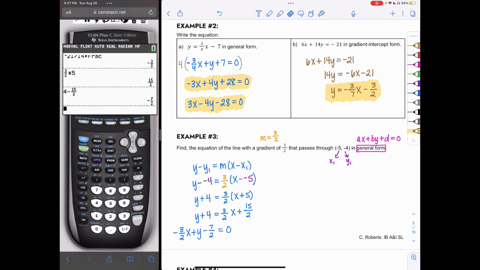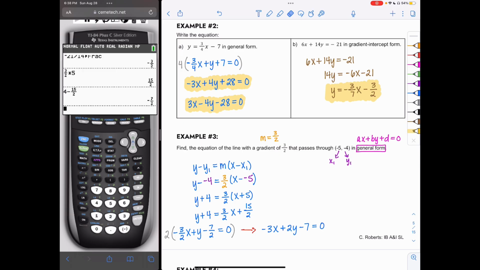So now that I have it equal to 0, I then need to multiply by 2 for everything. And then I know that 2 times -3 over 2 is -3, and that's going to have an x on it. And then we have 2 times y, which is 2y, or positive 2y. And then we have 2 times -7 over 2, which is just -7.